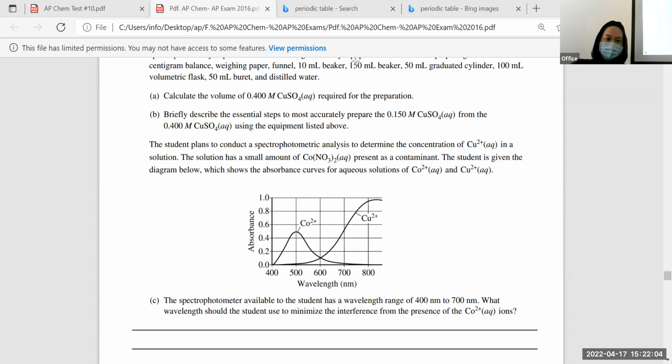If the range of the spectrophotometer is 400 to 700, I would get as close to 700 as I can, because at 700 nanometers, cobalt is going to have barely any absorbance. So all that you're measuring should be copper. You should be able to get rid of any cobalt present. So 700 nanometers, 1 point.